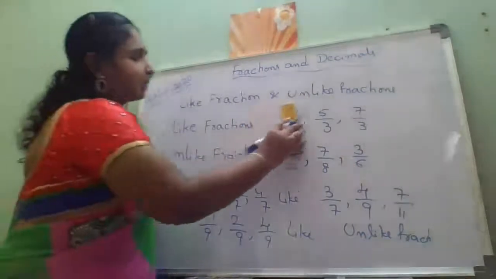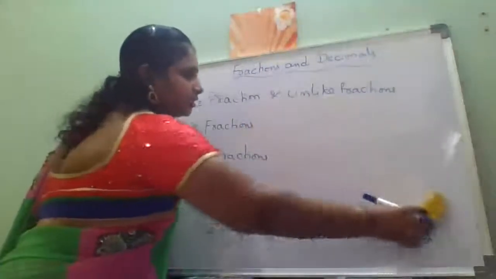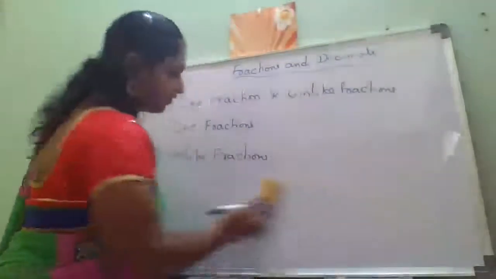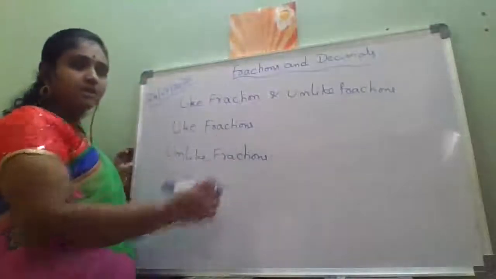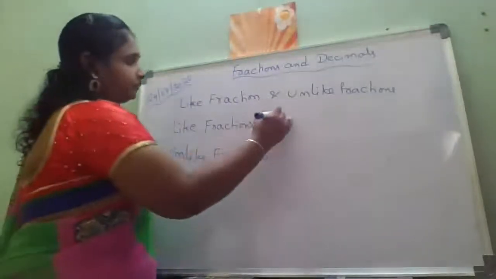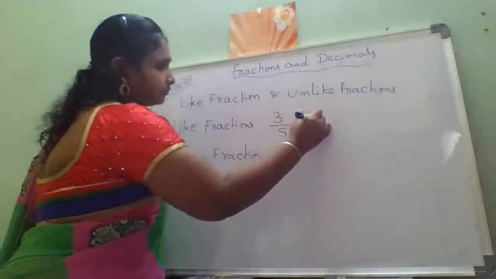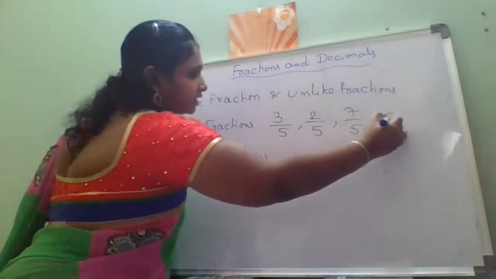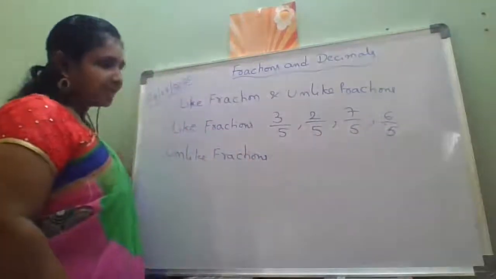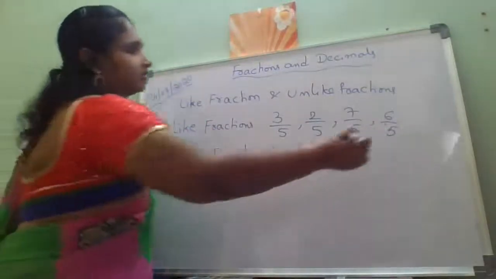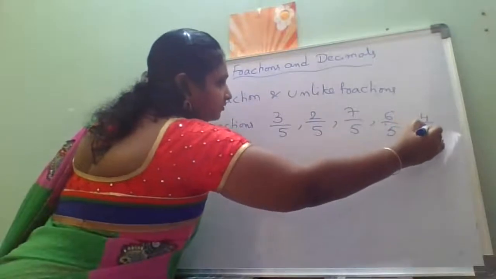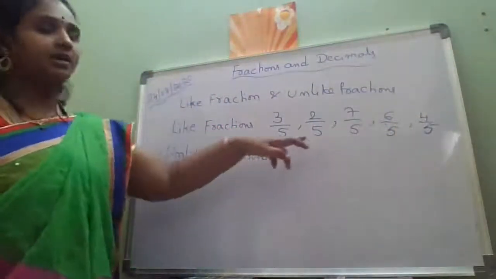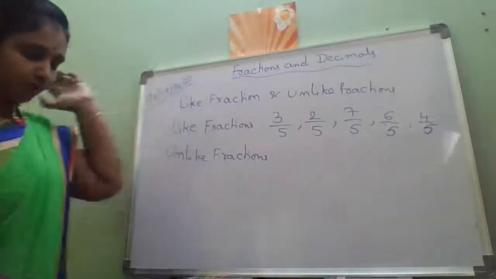Tell me one more example for like fractions having 5 fractions: 2 by 5, 7 by 5, 6 by 5 and 4 by 5. Yeah. So these all are like fractions. Okay.